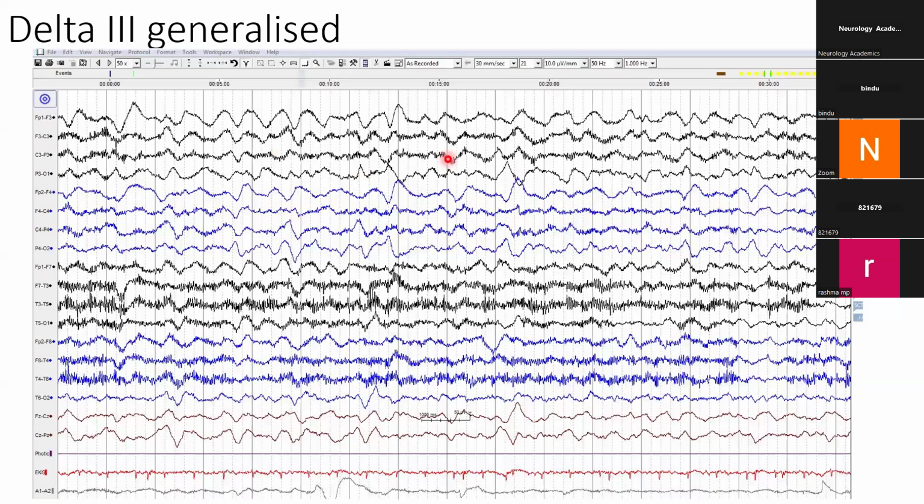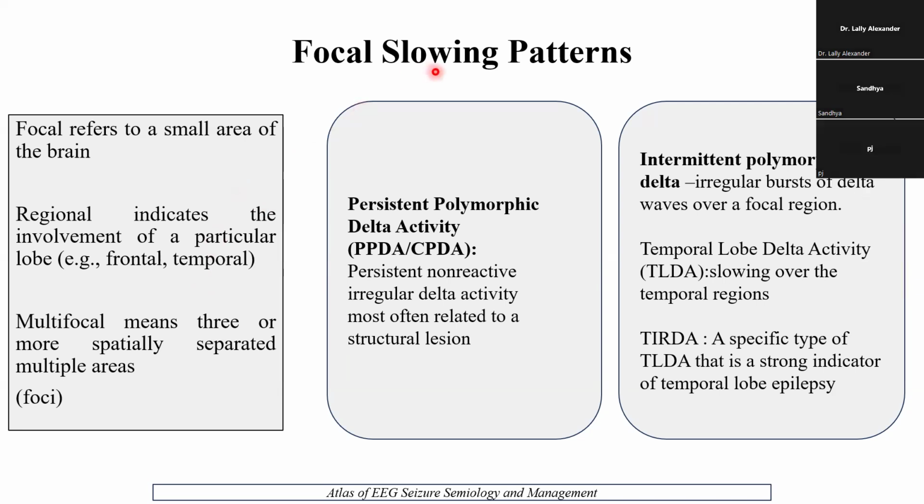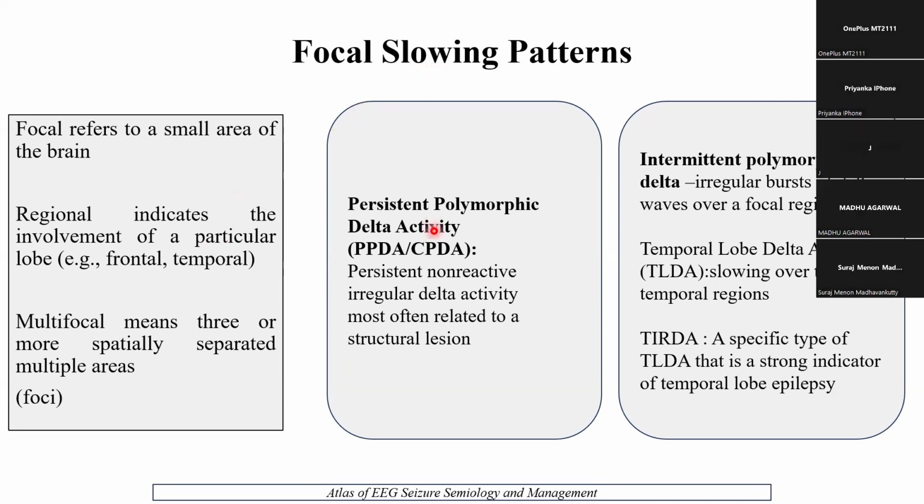Same in the common average also. Now coming to the focal slowing pattern, focal, as we already discussed, is a small area usually involving one or two channels. Regional indicates the involvement of a particular lobe, frontal, temporal, like that. And multifocal means three or more spatially separated multiple areas. So this focal slowing also can be either a persistent one, that is delta slowing, or an intermittent one, that is DIS slowing.